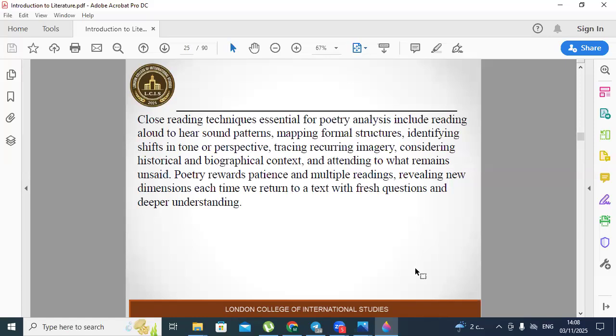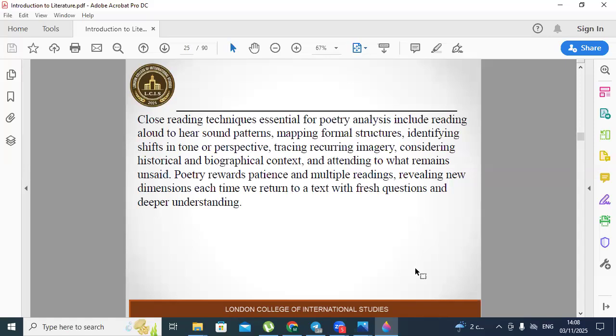Trace how images recur and evolve throughout the poem. Considering historical and biographical context: while poems aren't autobiography, knowing something about when and why a poem was written can illuminate meaning.